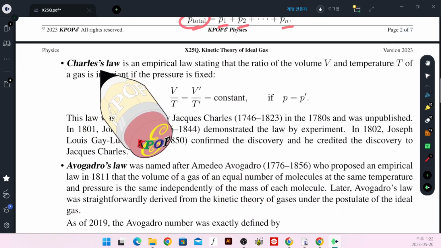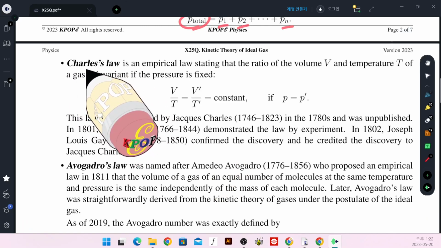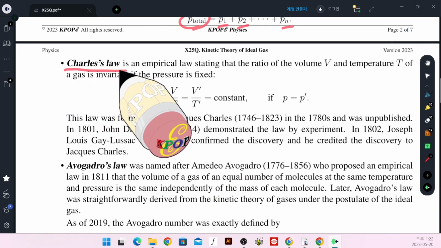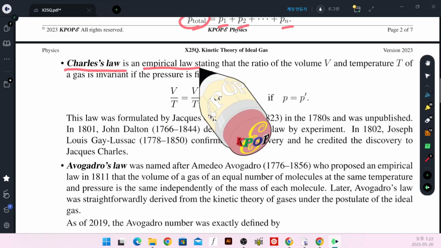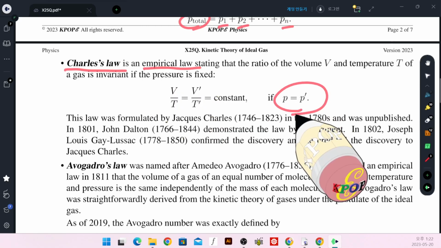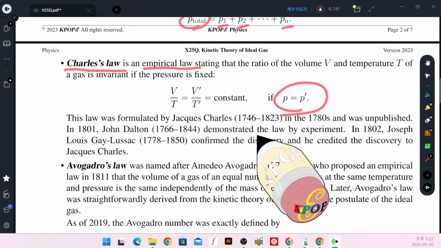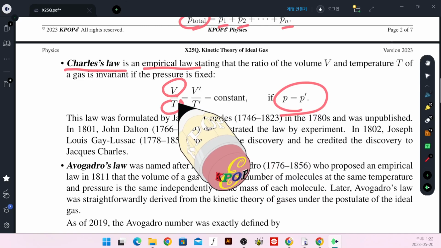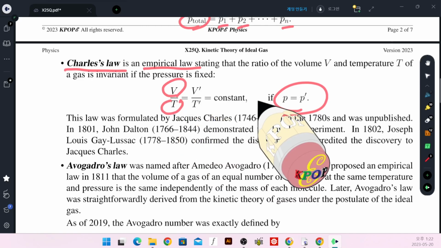In addition to Boyle's law, there is another law called Charles' law. It is also an empirical law that if the pressure is invariant, then the ratio of volume and temperature is a constant.